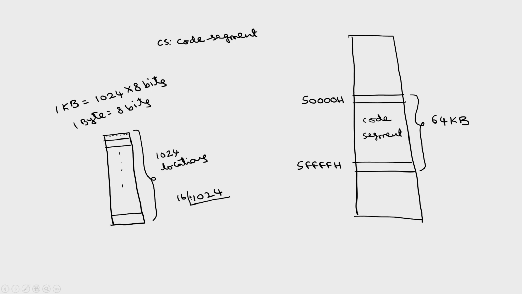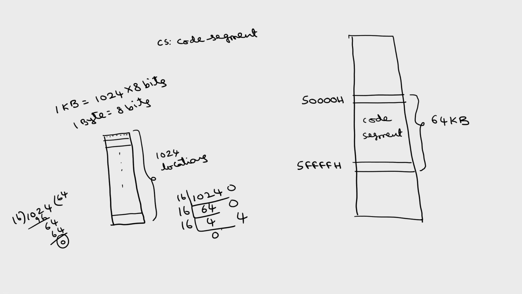So, we divide 1024 by 16. 16 times 6 is 96, remainder 4 from 102, so the quotient is 64. Then 16 times 4 is 64, remainder 0, quotient 4. Then 16 into 0 is 0, remainder 4. So you have to stop here.